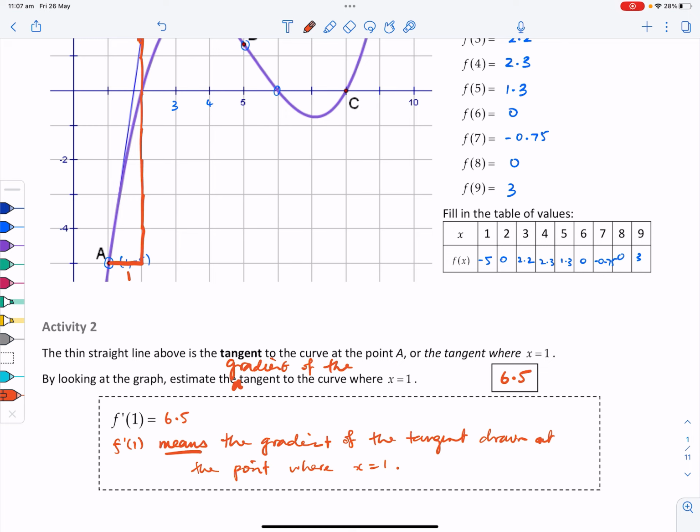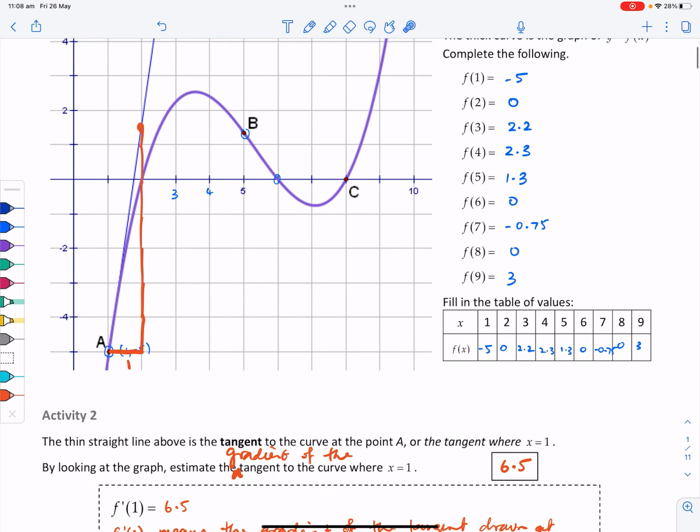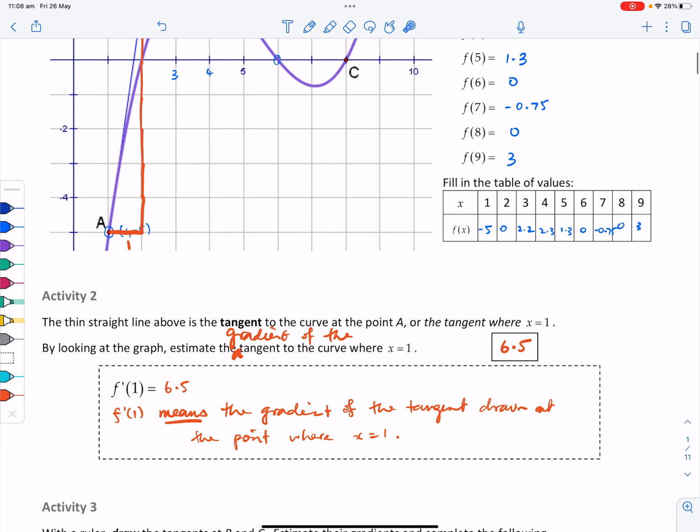All right, so that's new notation. F dash 1 means the gradient of this tangent, right? And if I drew another tangent here, F dash 3.4 is the gradient of that tangent. Okay, so every x value can produce a tangent, and then we can get the gradient of it.